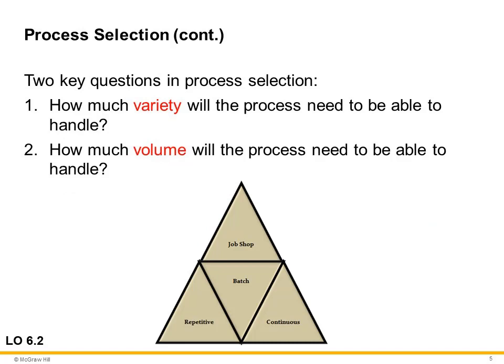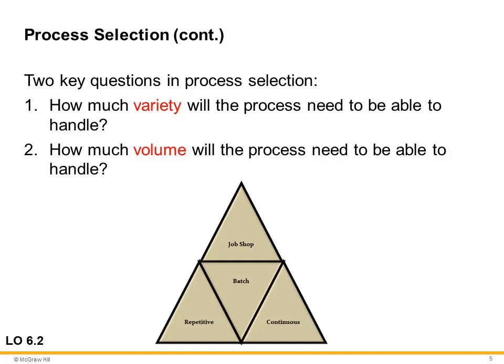When you want to select a process for your business, you have to ask two key questions. The first one is how many types of products you produce, how many types of service you offer. This is the first question, the variety. The second one is quantity. How many products you produce?